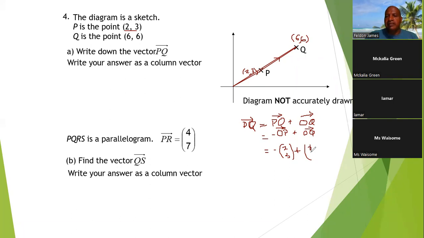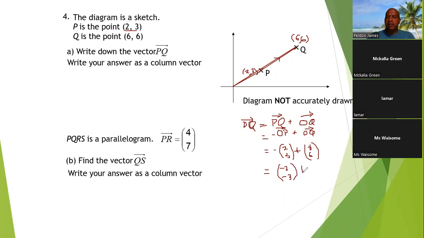So what would be the answer for this, guys? If you find the negative of OP, what do you get? This becomes (-2, -3).